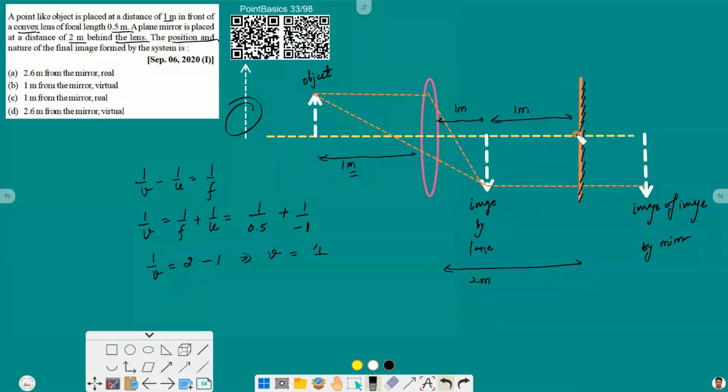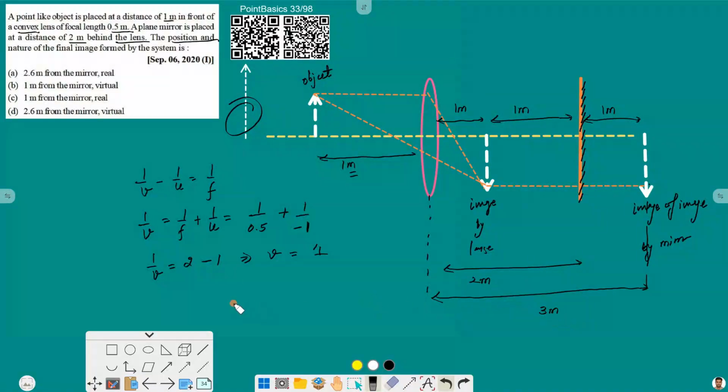Now for a mirror, the image is formed at the exact distance of the object. So if this is 1 meter, then this is also 1 meter. So now the total distance of this image by the mirror from the lens, which will act as the object distance, will be equal to 3 meter.